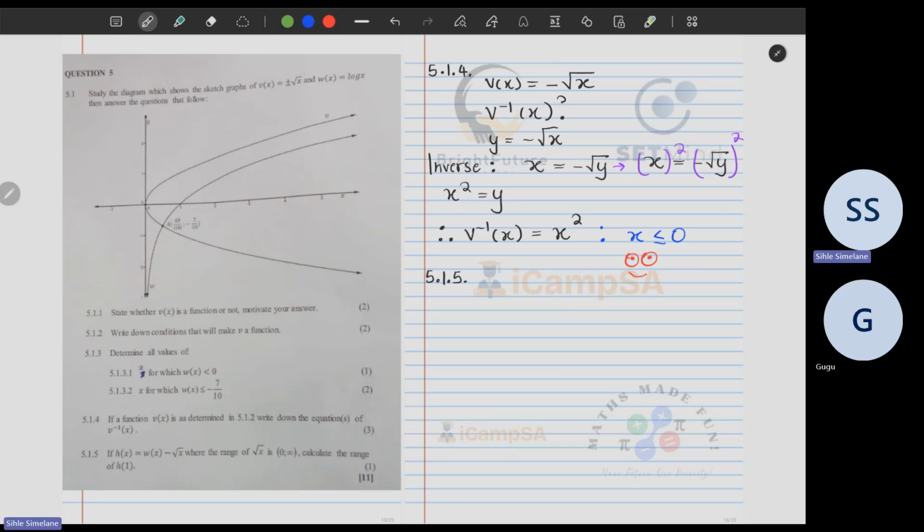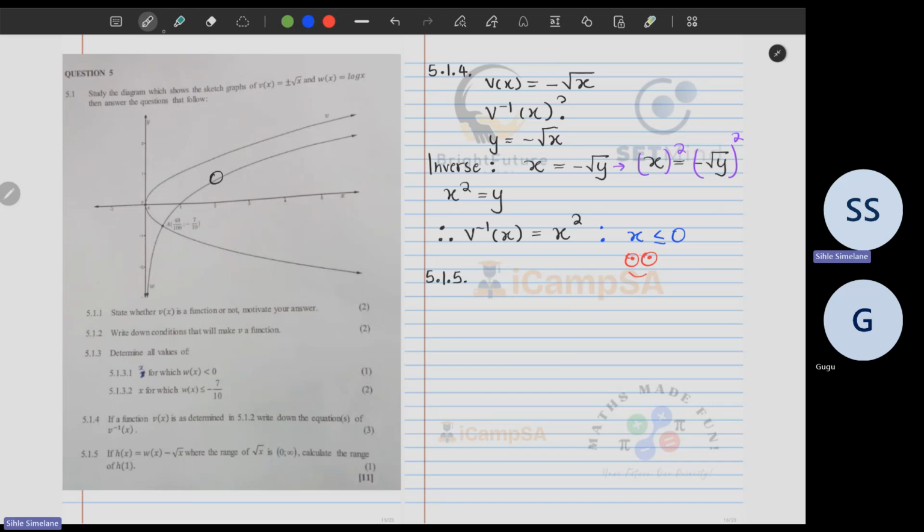Let me see what they are saying. If we take the w graph and subtract the other graph, the square root, where the range of that is from 0 to infinity, that is the x, calculate h of 1.